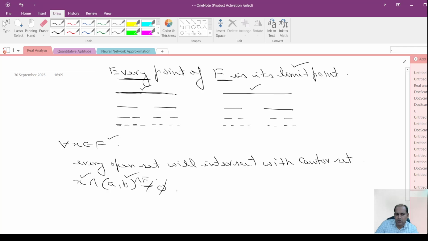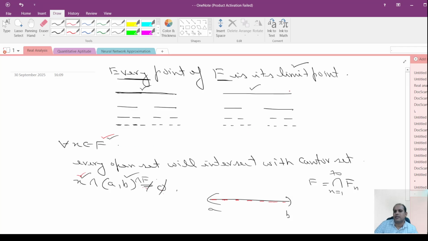At any stage, whatever be the interval AB, the Cantor set is defined as the intersection of all such Fn from n equal to 1 to infinity. So after some stage, these elements will be within this interval, and hence this intersection is non-empty. And I can do this for each x belonging to the Cantor set.